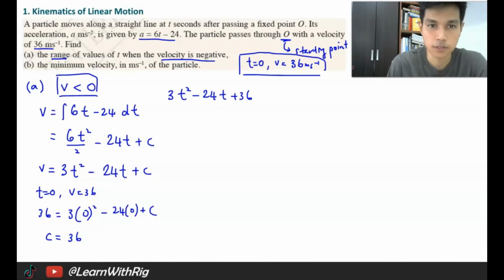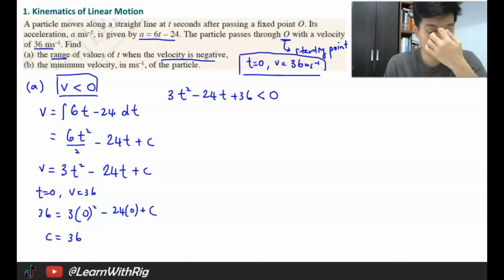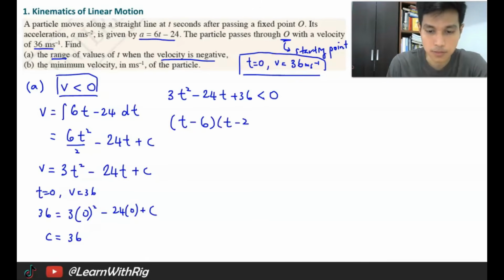Okay, this is your velocity function, and it's going to be less than 0 because they said velocity is negative. When velocity is negative, it means it is towards the left, so it's less than 0. In this case, you're going to factorize this. When you factorize, you should get t minus 6, t minus 2, is less than 0.